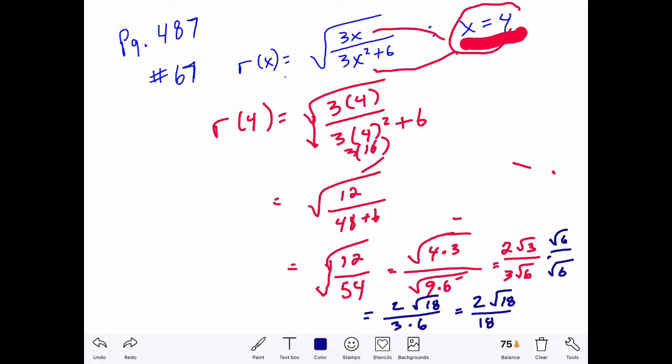Now, then I want to cancel where I can. And that would be 1 and 9. And then the square root of 18 is actually 9 times 2.